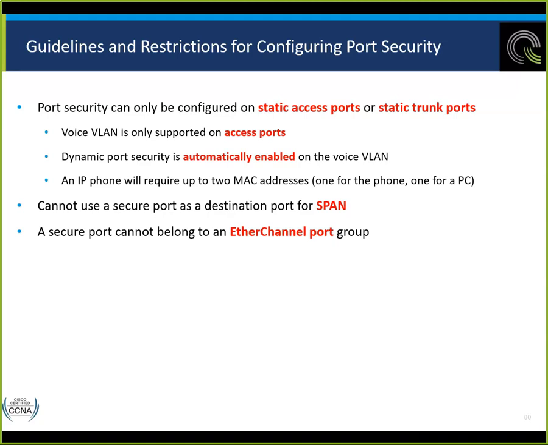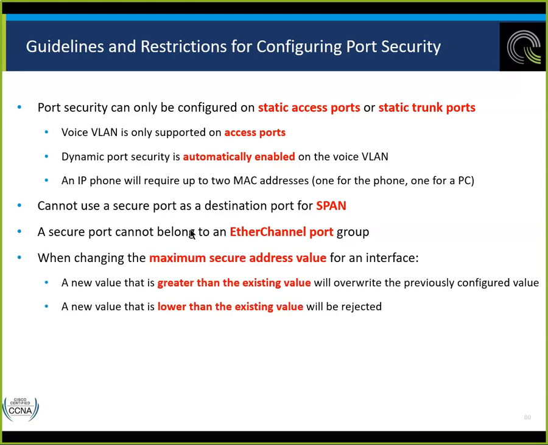You cannot use a secure port as a destination for a SPAN port. It cannot belong to an EtherChannel port group. A secure port can't be a member of an EtherChannel port group. Changing the maximum secure addresses, and we did that: a new value greater than the existing value just took immediately, no problem. A new value lower than the existing value and the number of MAC addresses on that port will be rejected.